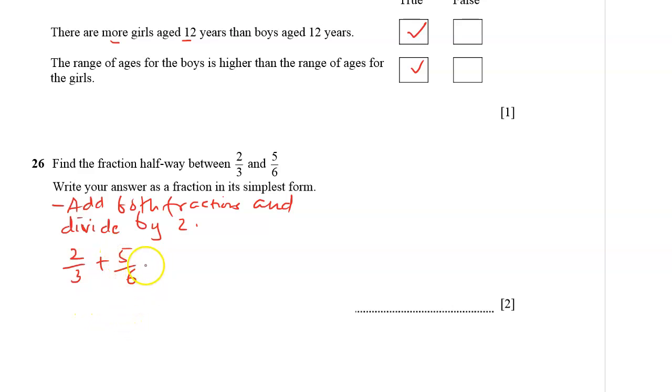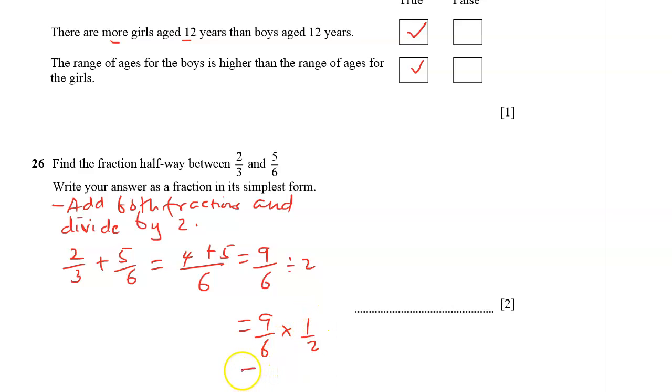The LCM here is 6. So 6 divided by 3 times 2 gives us 4. 6 divided by 6 gives you 1 times 5 gives you 5. So this is 9 upon 6. We divide this by 2, which is multiplying by a half.